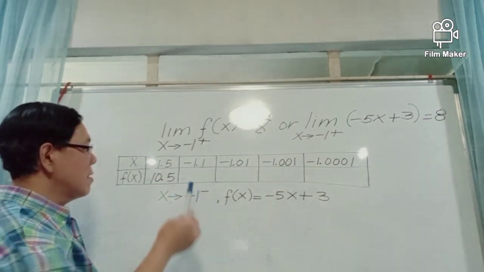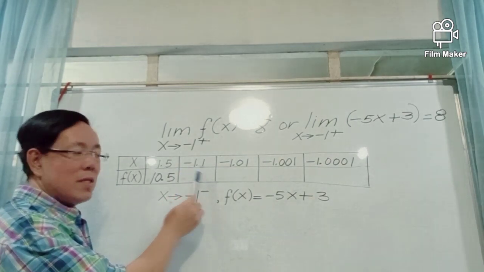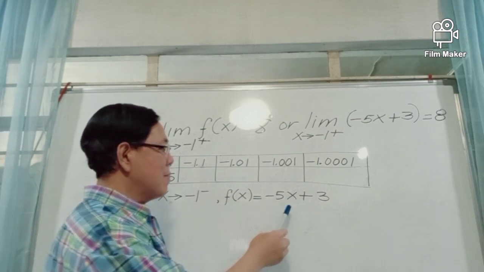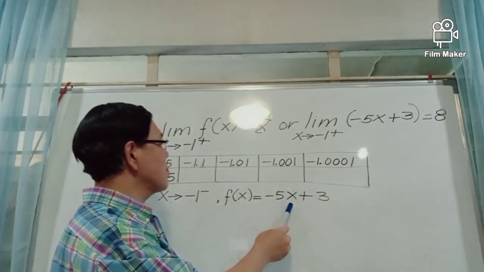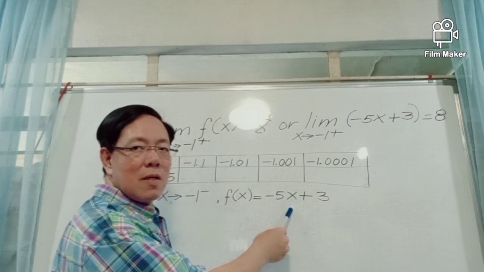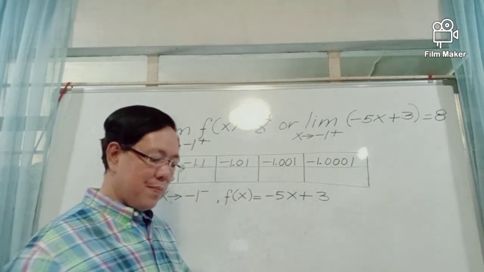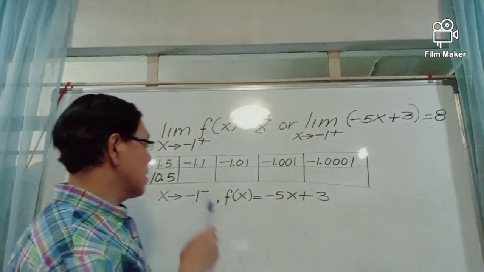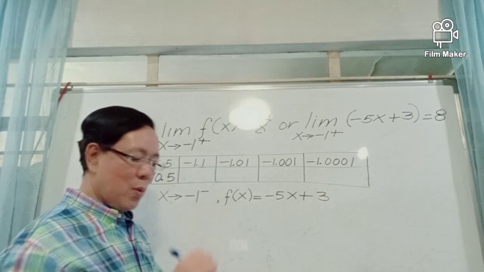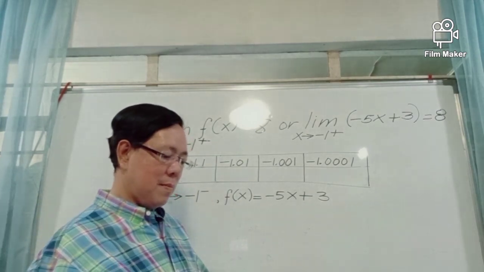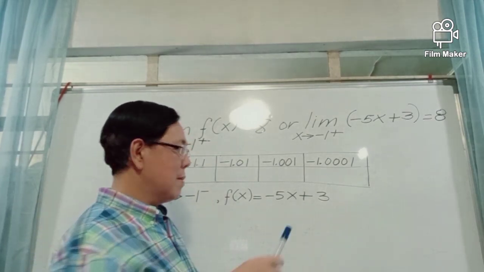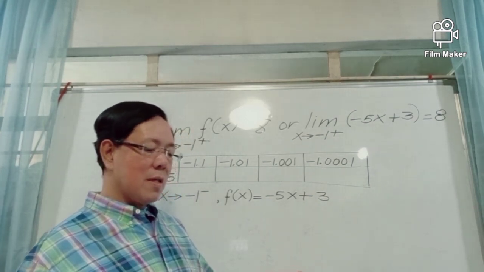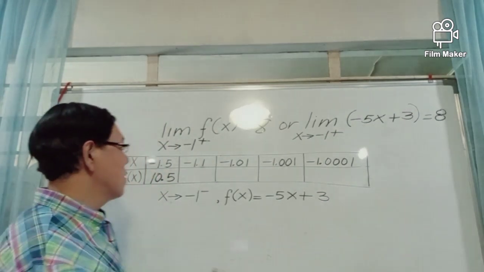Next, we assign negative 1.1 to x, and we calculate the value of the function f by substituting negative 1.1 for x. We calculate negative 5 multiplied by negative 1.1 plus 3, and we get 8.5.